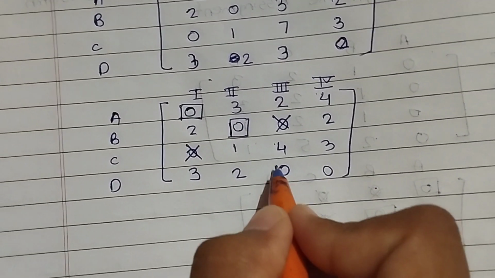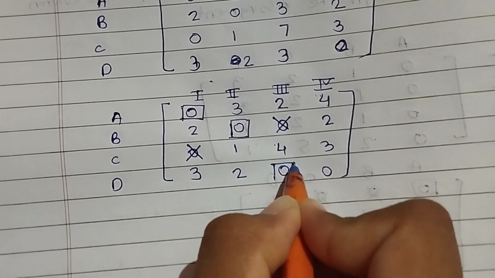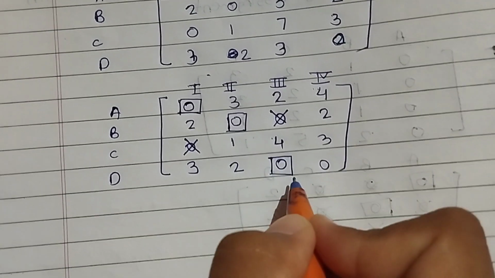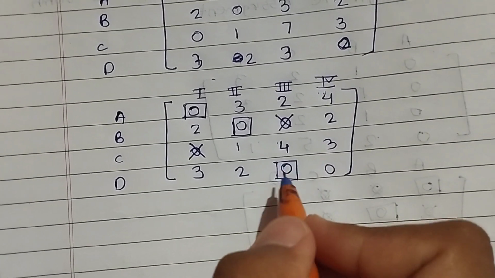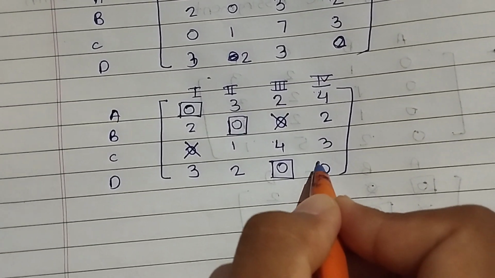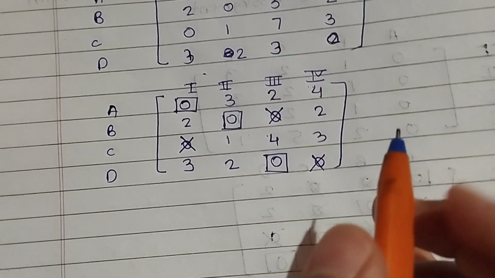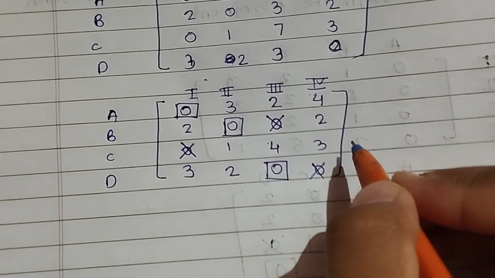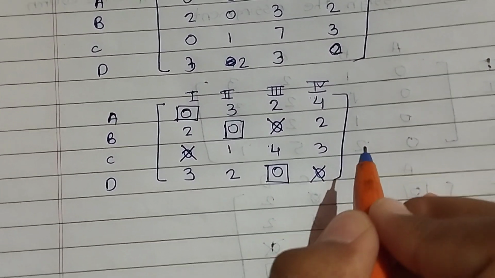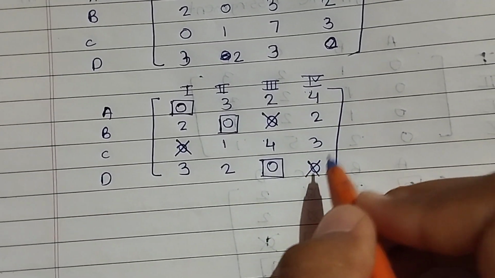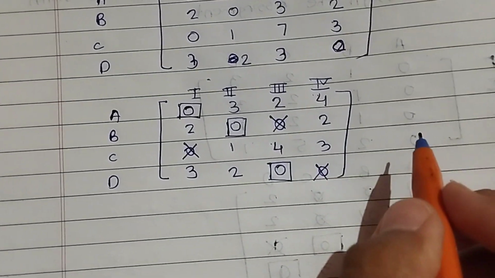Now we move on again: does any row have a single 0? No, but a column has a single 0. So let's suppose for the third column we make the assignment. The respective column and row zeros all get crossed. But in this case, the third row and the fourth column do not get any assignment.